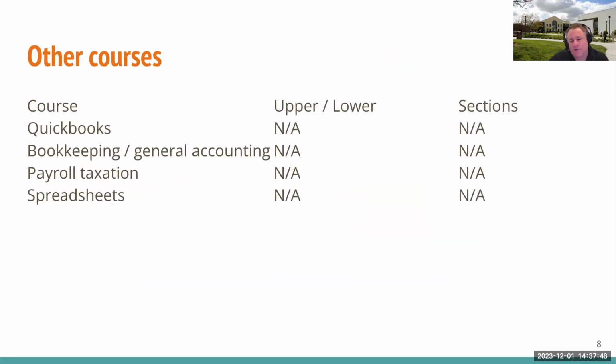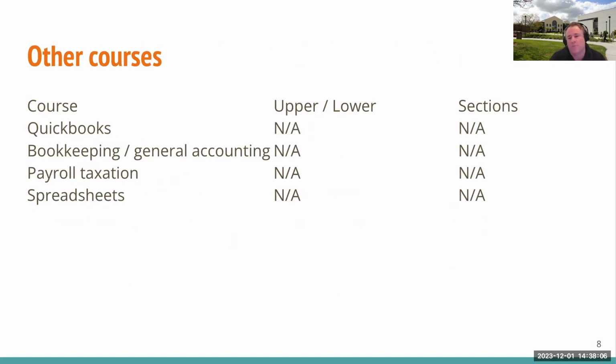So there are also other courses you can use to satisfy the educational requirement, at least in California. For example, a course like QuickBooks, bookkeeping or general accounting, payroll taxation, spreadsheets.